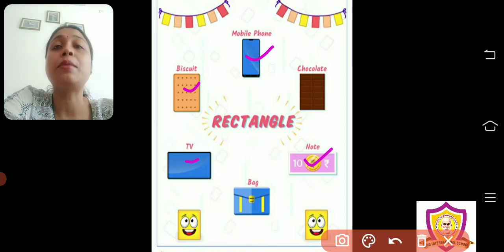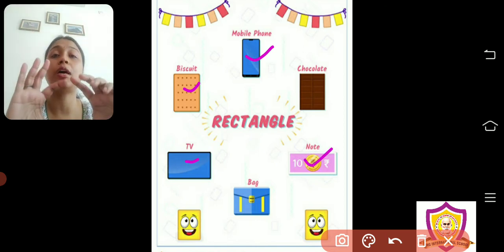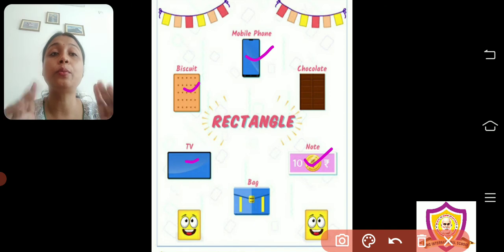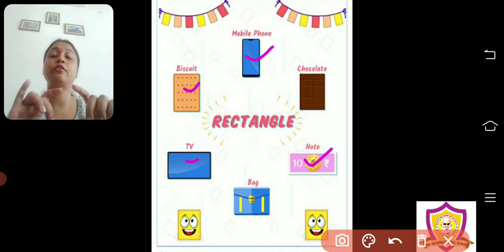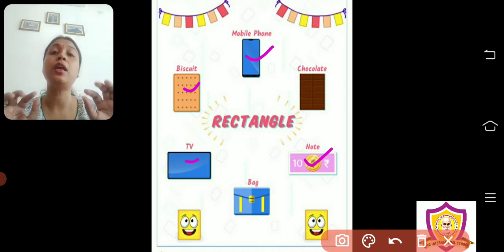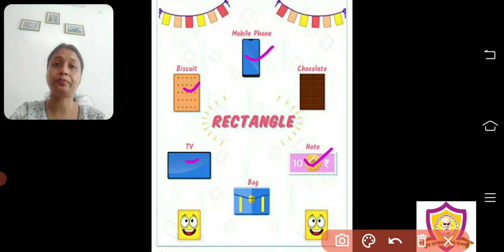You can ask mama to show you a note, rupees, paper money. When mama shows, you should not play with money. So ask mama to show you. When she shows it, you will see it is rectangle in shape. It has four sides, but opposite sides are equal.